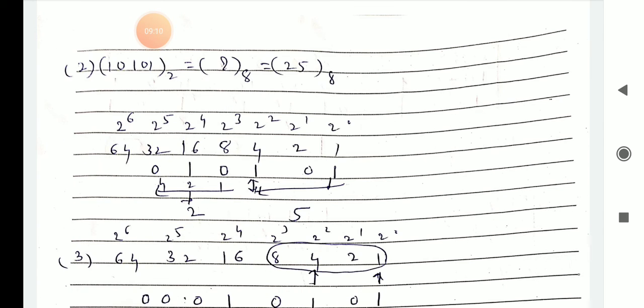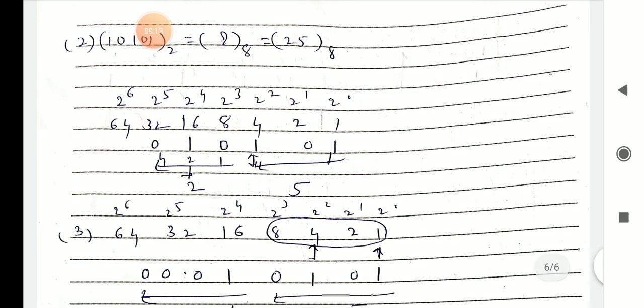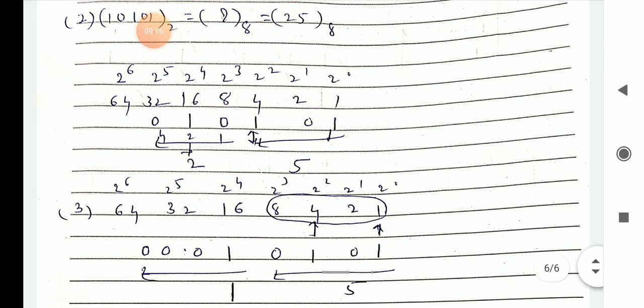10101, the octal conversion of it is 25. So in octal conversion you have to consider 3 pairs from right to left. Write the binary number first, 101 is the first 3 pairs, then 01, and if digits are missing you have to add a 0.